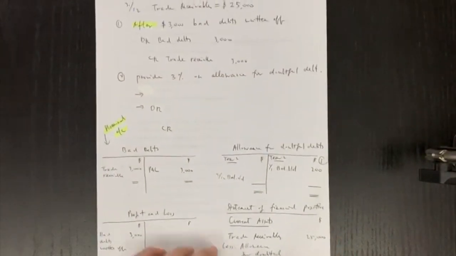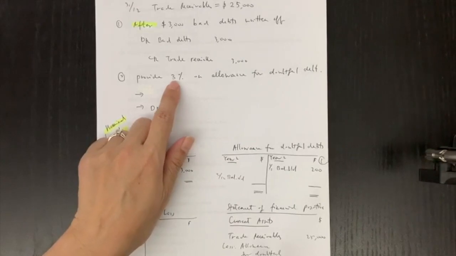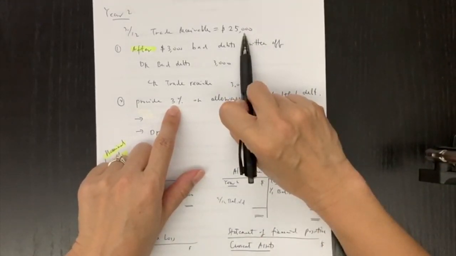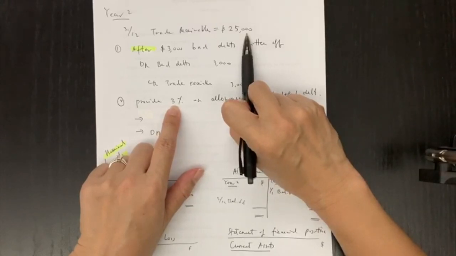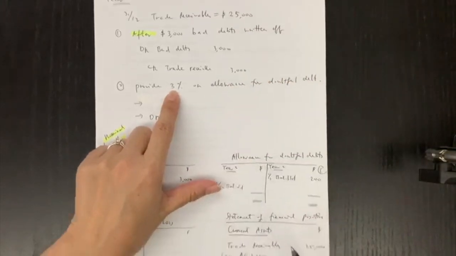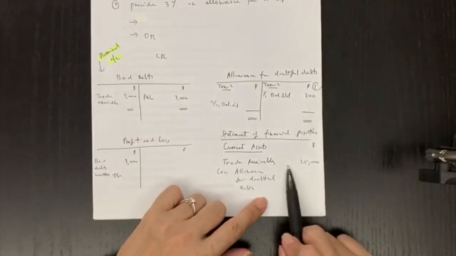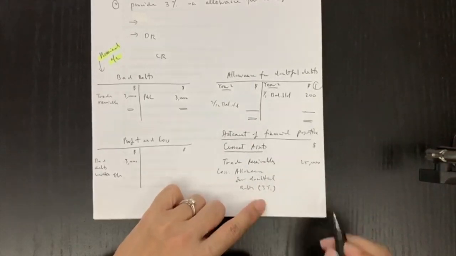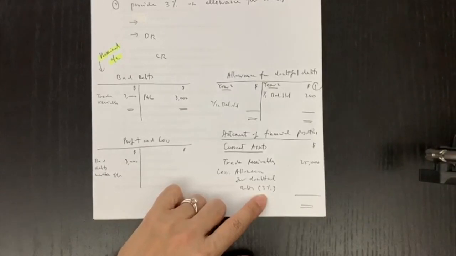And what is my percentage this time? Oh, I give a higher estimation because if the figure is bigger, then the chance for not receiving money may be bigger. All right, so therefore, if trade receivable is 25,000 and now my estimation is 3%, so how much is that? So that will be, let me use calculator, 25,000 times 3%.